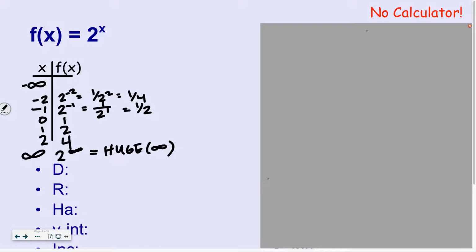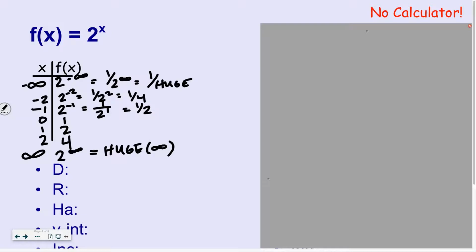Okay. What happens when I do 2 to the negative infinity? Okay, it's very, very small, so it's 1 over 2 to infinity, which we just said was huge. And 1 over a huge number is very, very small. She's using some good math words.